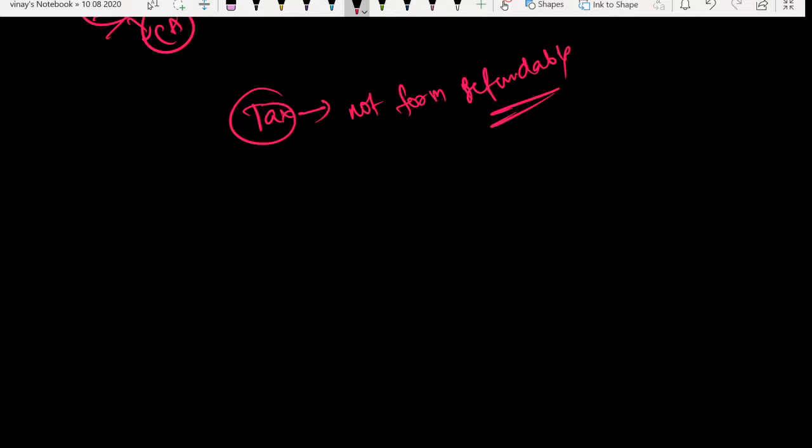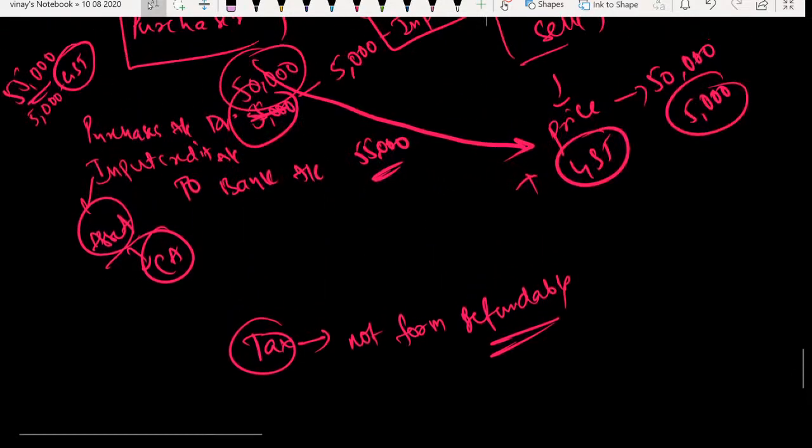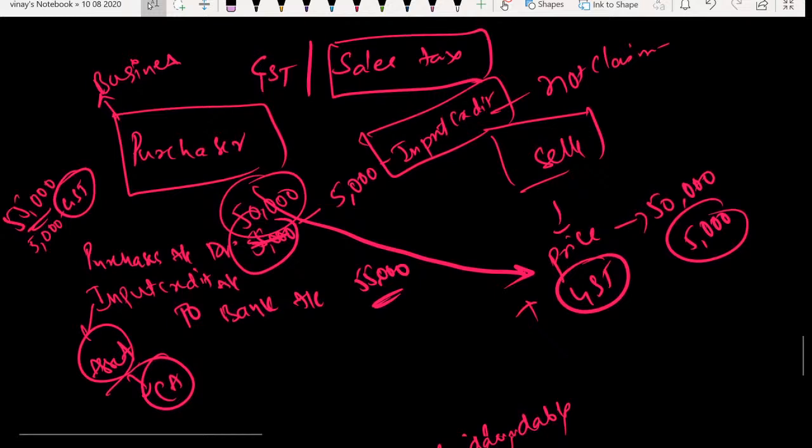If it is refundable, you cannot include it in the purchase cost. You cannot take the double benefit. First, you include it and pay lesser income tax, lowering your profits. Then you also cannot claim it as an expense, because that's not an expense. That's an asset, because you're claiming it as input tax credit later on. This is one point from the point of view of the purchaser.